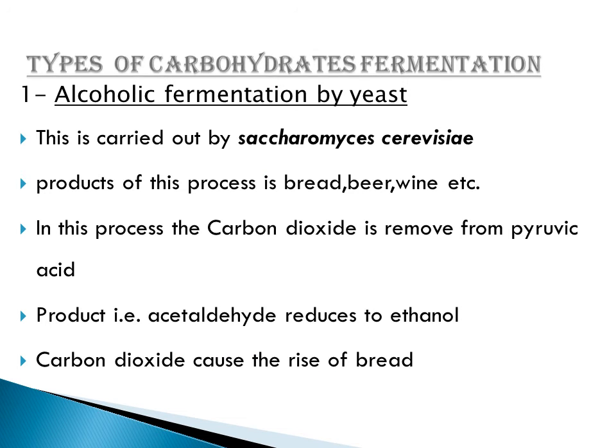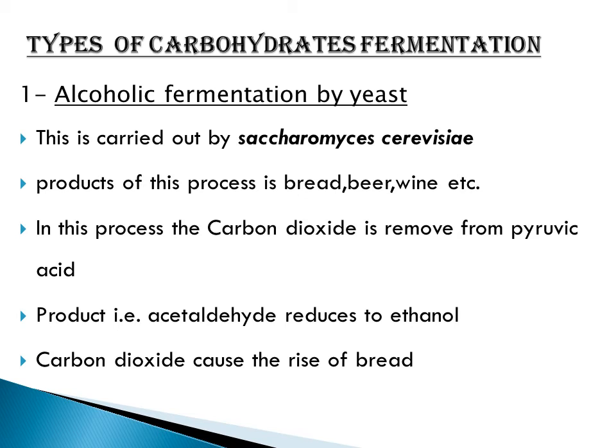Now we will discuss the different types of carbohydrate fermentation. The first one is alcoholic fermentation by yeast. As the name indicates, in this process alcohol, that is ethanol, is formed. This type of fermentation is carried out by yeast, which is basically a unicellular fungus, also known as Saccharomyces cerevisiae.